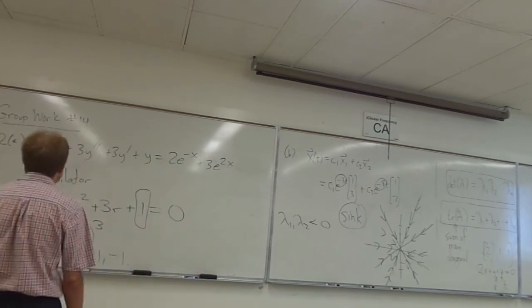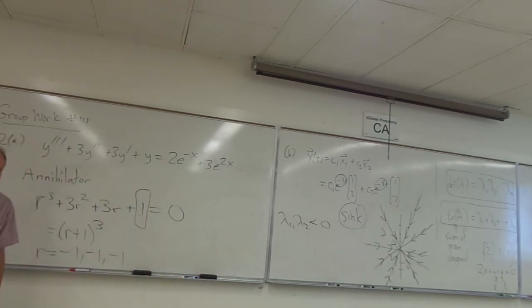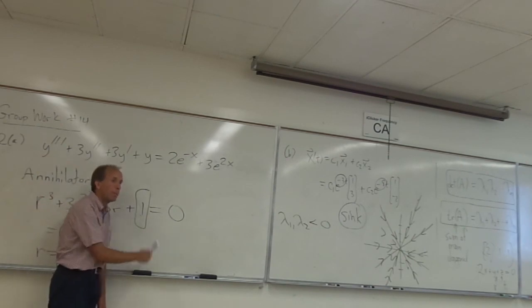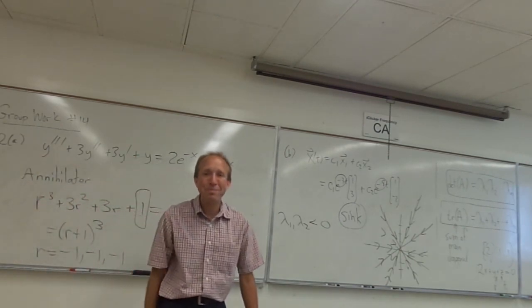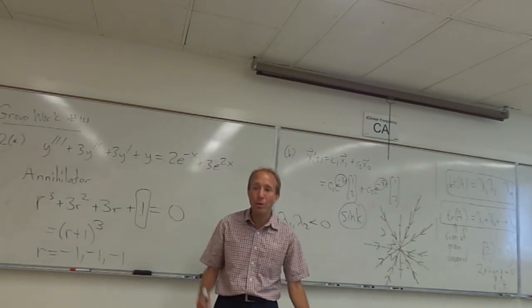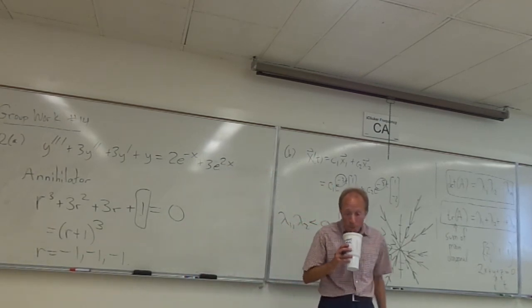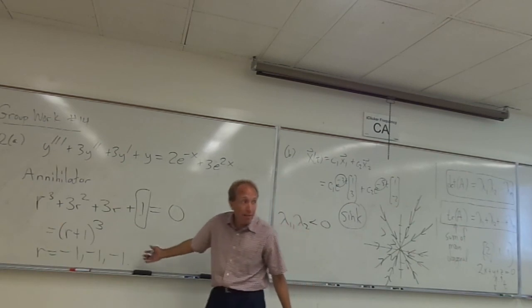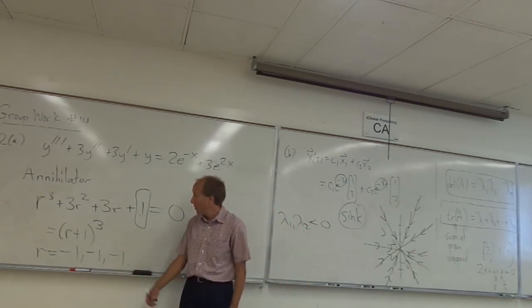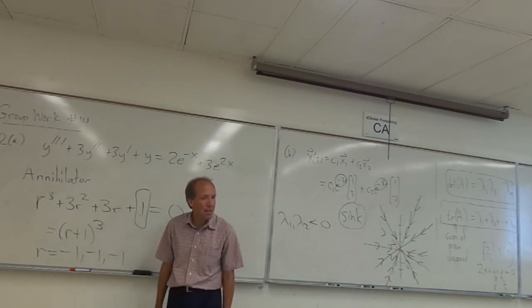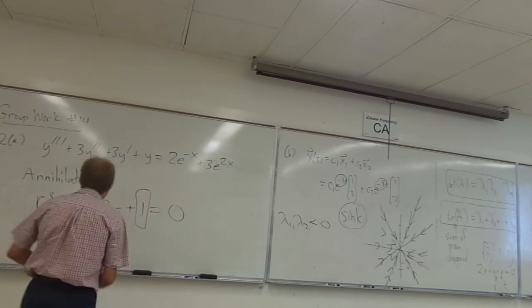But you can clearly see that +1 is not a root, because if you plug +1 into this equation, you get a positive number plus a positive number plus a positive number plus a positive number, which will not equal 0. So the only possibility is that -1 is the root, in which case you have to have it 3 times.